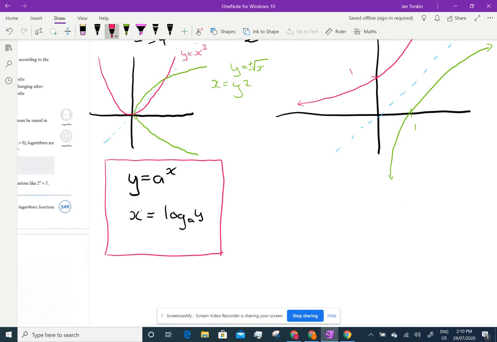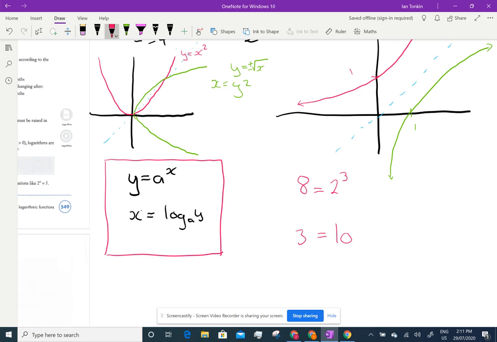So if I gave you 2 to the power of 3 equals 8, actually I'll write that the other way around to make it even easier. So 8 equals 2 to the power of 3. Well, the 3 is where the x is. The 8 is where the y is, and the 2 is where the a is.